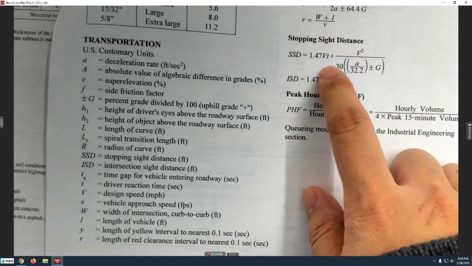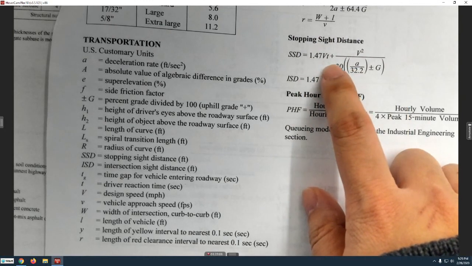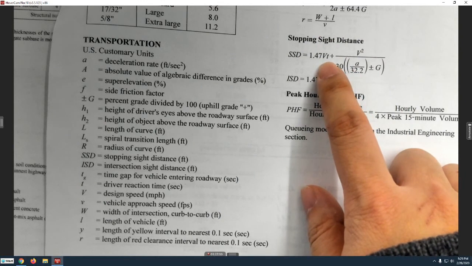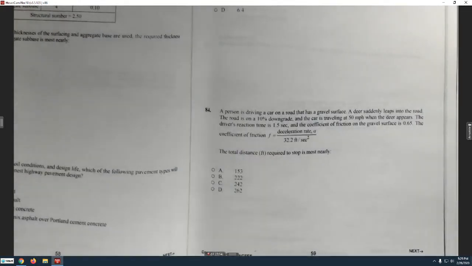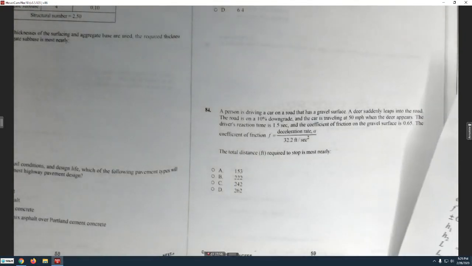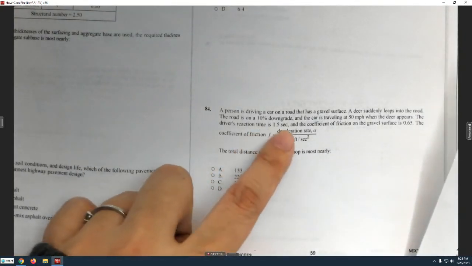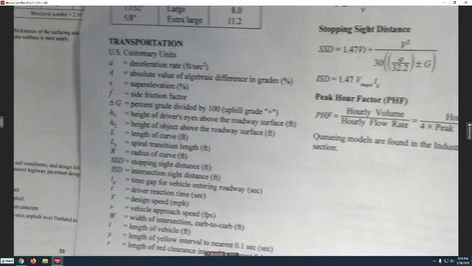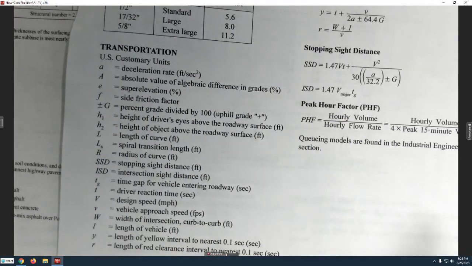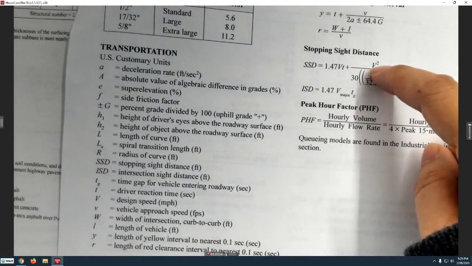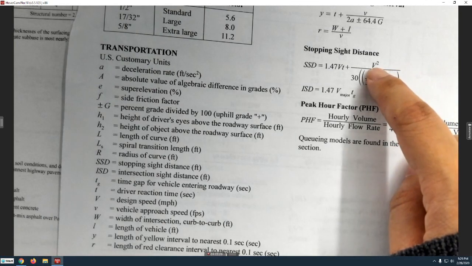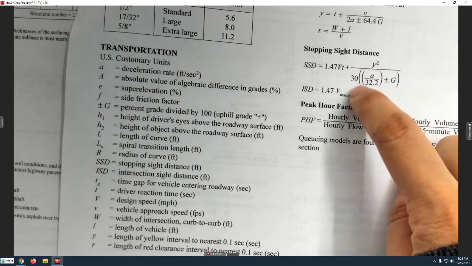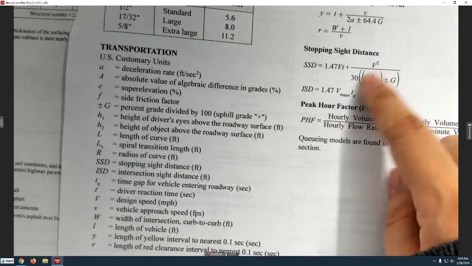Remember the V, when you plug it in, just pay attention to the unit. The unit here is 50 miles per hour, so for V you want to use miles per hour, because the other coefficient has already helped you convert this.